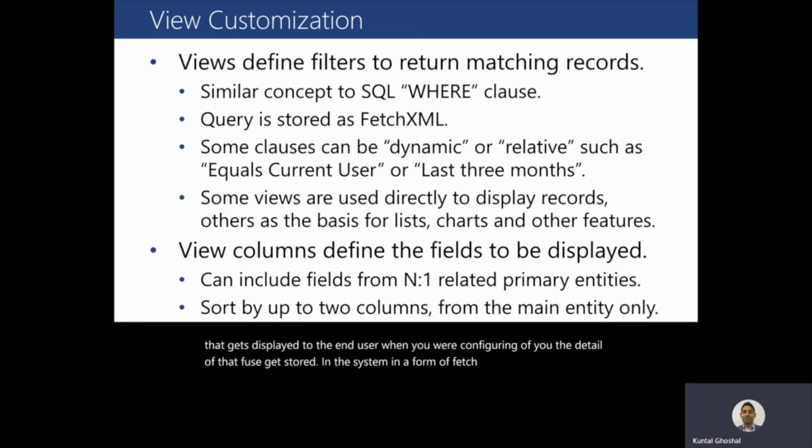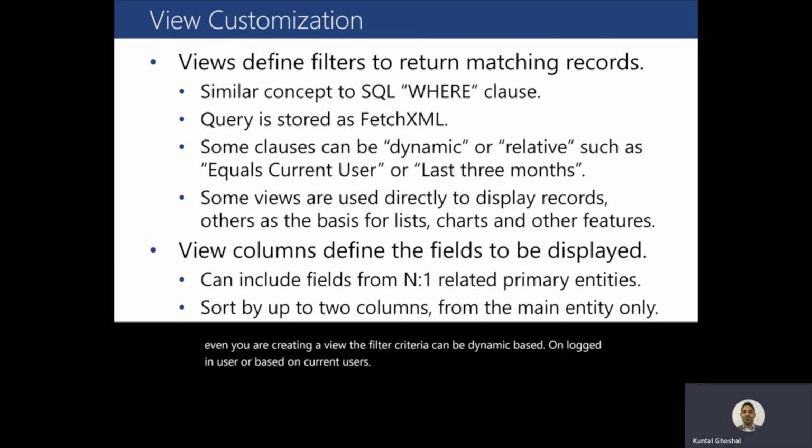There are some dynamic or relative clauses, such as equal current user or last 3 months. Even if you are creating a filtered view, the filter criteria can be dynamic based on the logged in user or the current user.